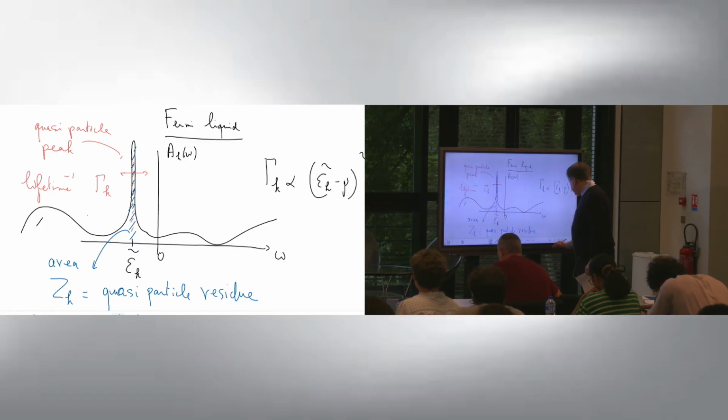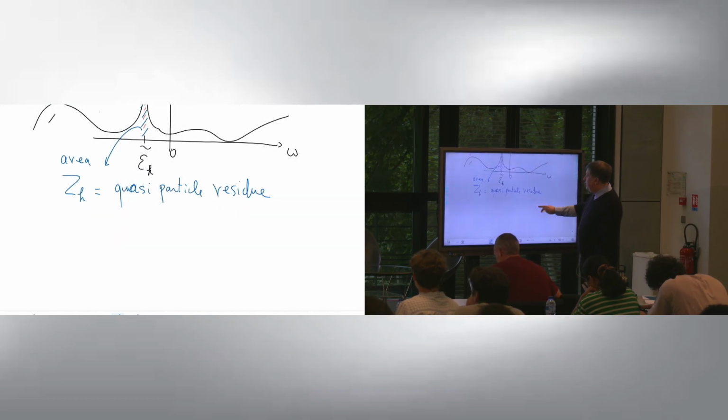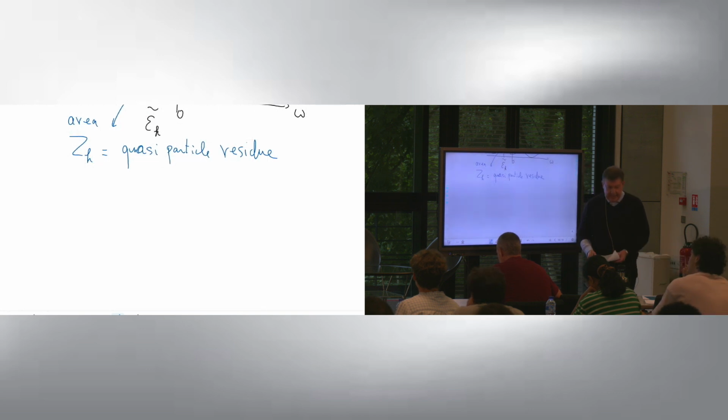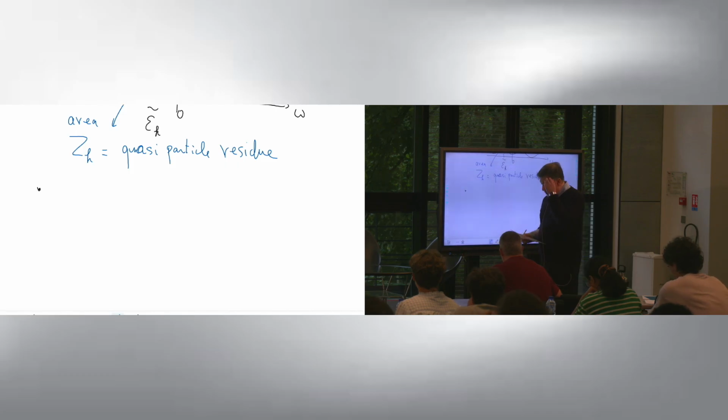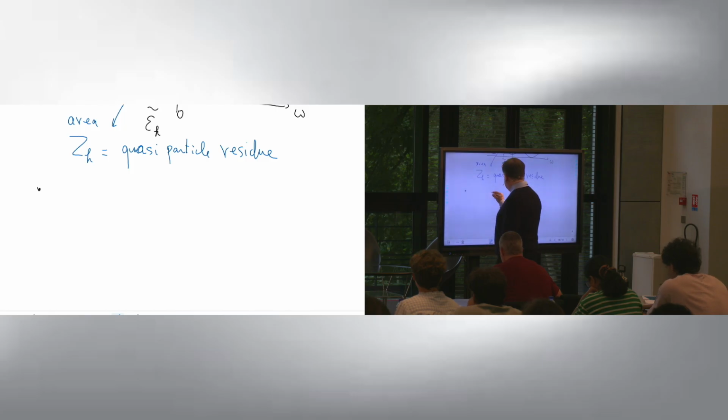So that's how it looks like. Just to have a slightly different view of it, which goes to the physical idea about the Green functions. The Green function is basically an overlap, because you start at time 0 by taking c dagger on the ground state.